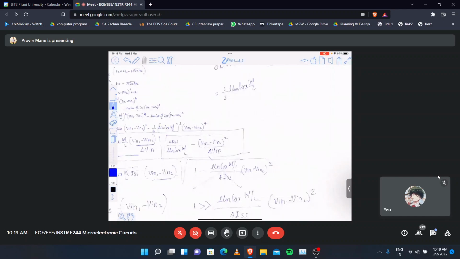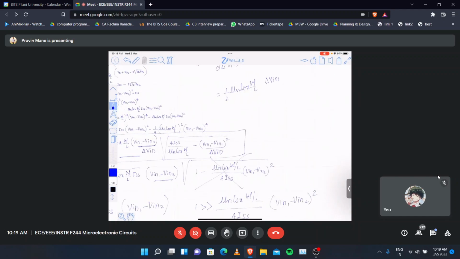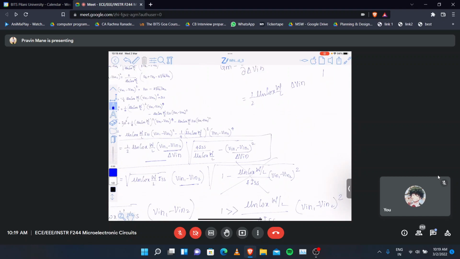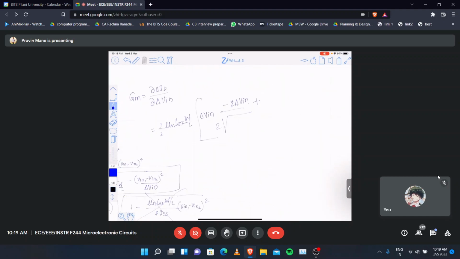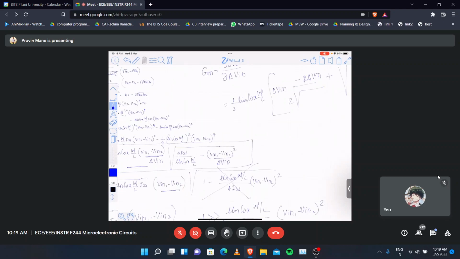Derivative of this factor will be 1 upon 2 root of this complete square root, multiplied by minus 2 delta Vin, plus the square root quantity as it is, and then the derivative of this has to be taken. So I'm not going to do it, but capital GM can be found out.